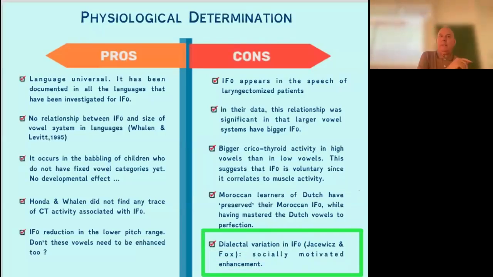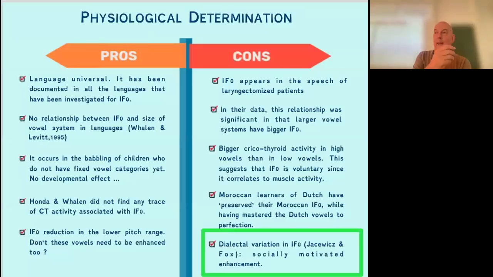And what we did years back was look at IF0 in learners, Moroccan learners of Belgian Dutch. Belgian Dutch has 12 vowels. Moroccan Arabic has only 3 vowels at a qualitative level, in fact.